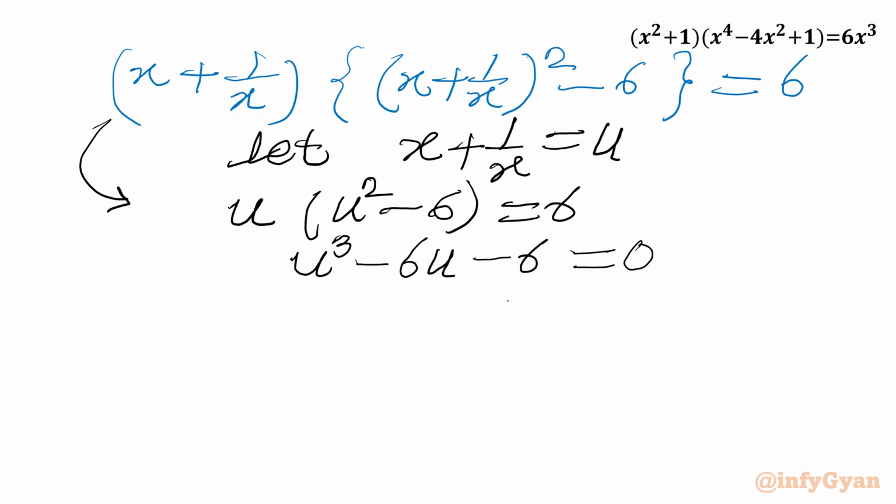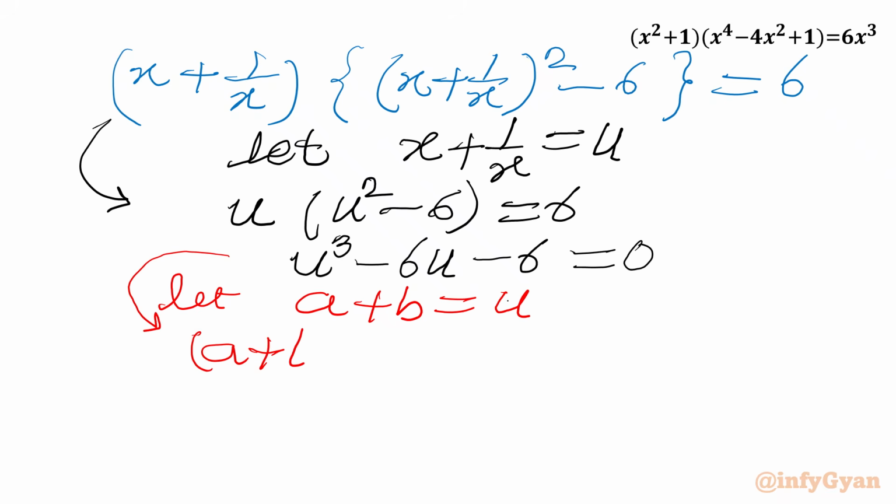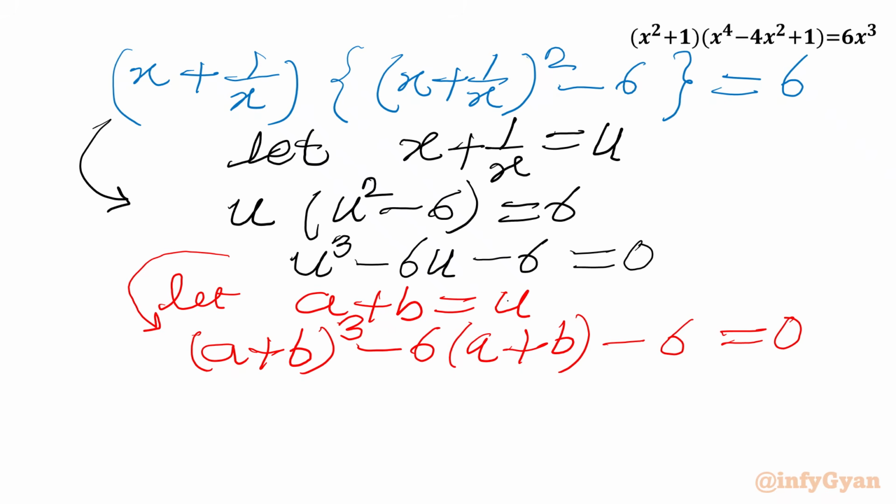Now we are going to use another substitution. Let us assume a plus b equal to u, or u equal to a plus b. So we will write our equation a plus b whole cube minus 6 times a plus b minus 6 equal to 0.